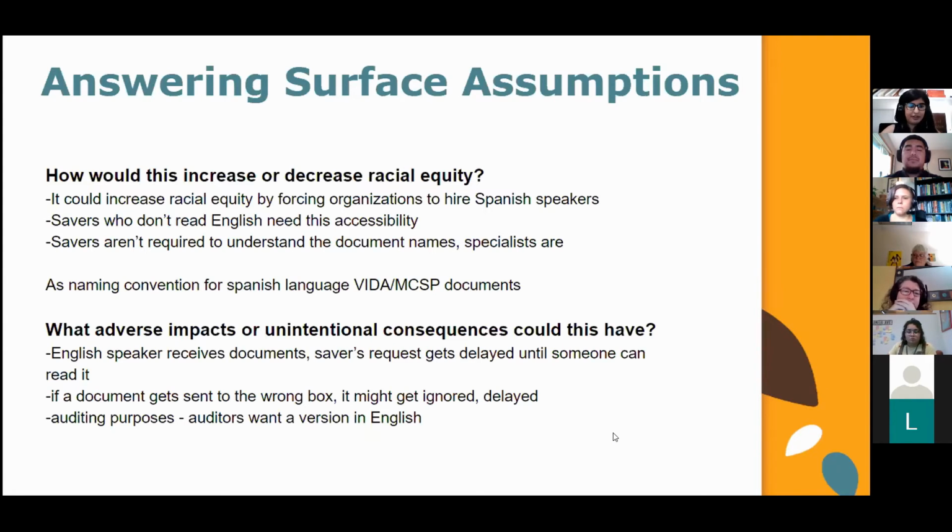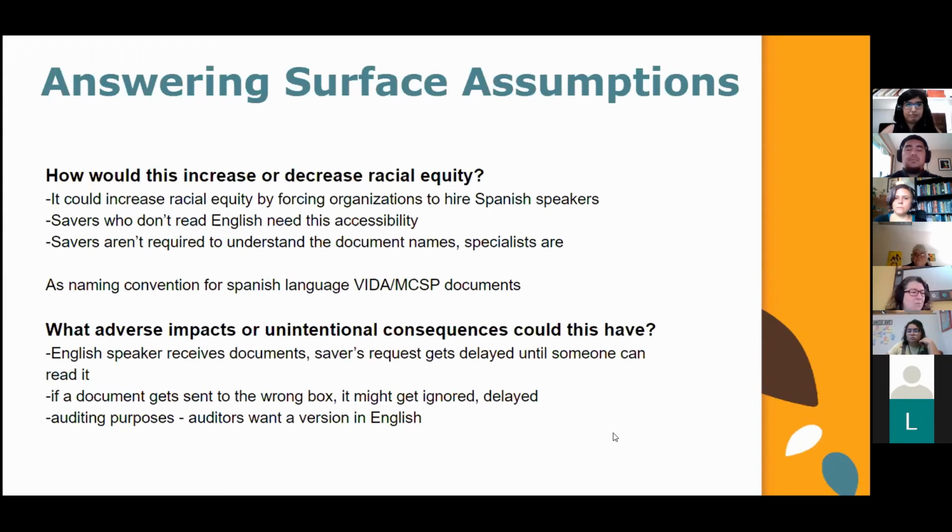So, the question of how would this increase or decrease racial equity? In some ways, it could force more diversity of hiring Spanish speakers, because we do know that is a growing population and there is a higher need for folks to have a second language. So it could push racial equity in that way.